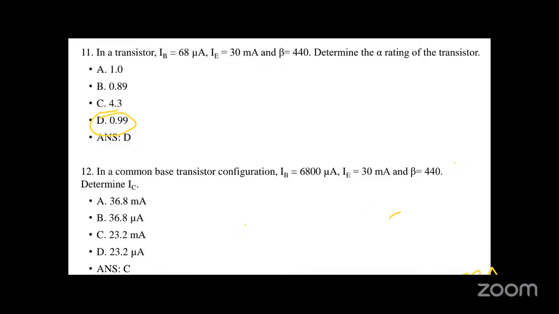So what we should do is we should just go straight to this formula.